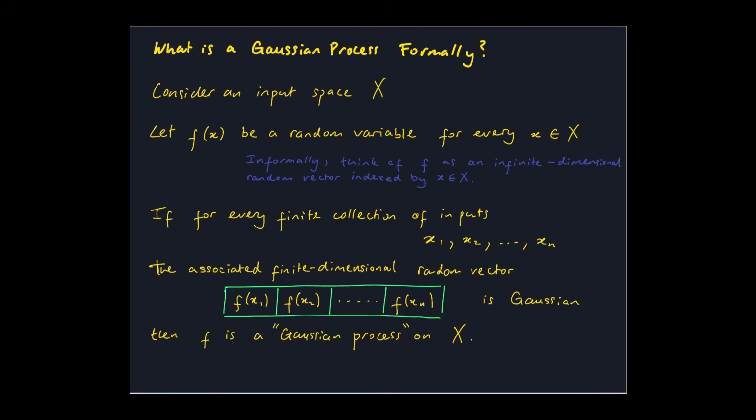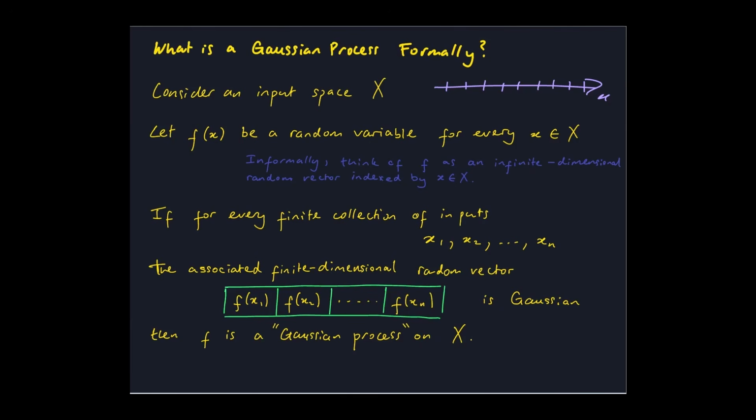Okay, so I think that if you forget everything else from the lecture, that's basically what a Gaussian process is. So now I want to give you the formal definition. We say that we have some input space x, which was like our x-axis in the previous slide. And for every point in this input space, so for infinitely many points, we let f of x be a random variable.